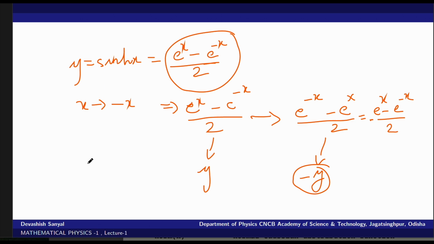So such functions, so sine hyperbolic x is an anti-symmetric function, or I will not use anti-symmetric, I will say it is an odd function.